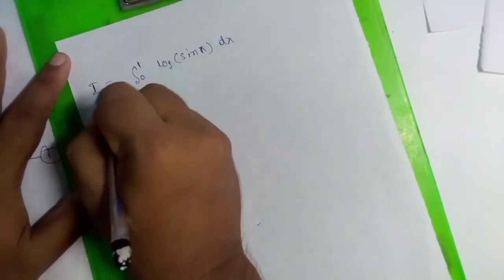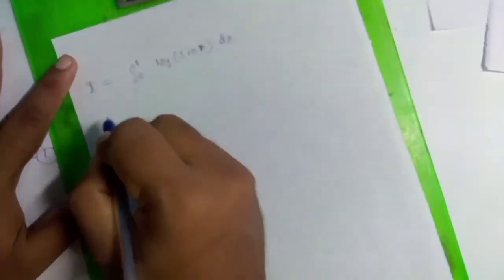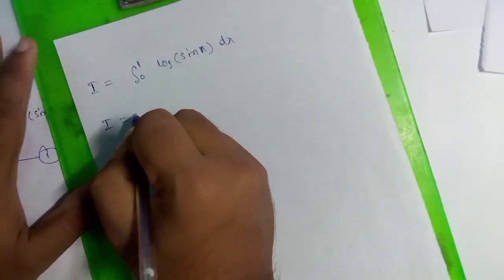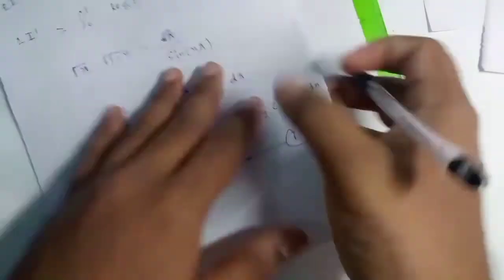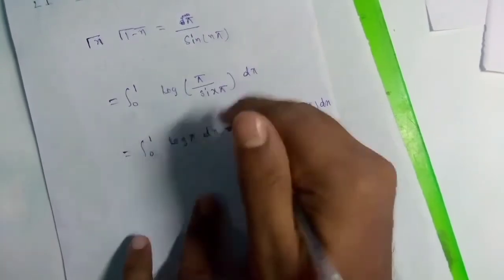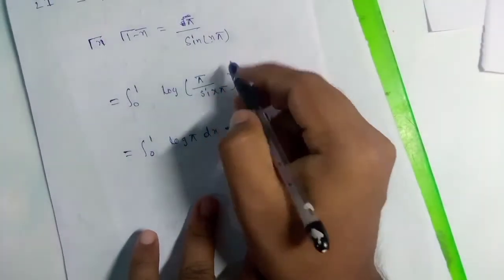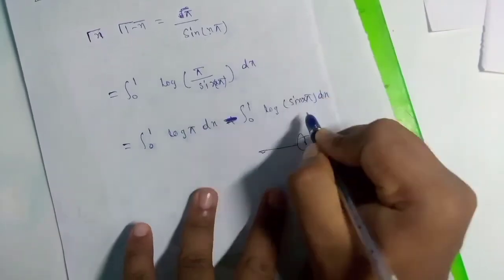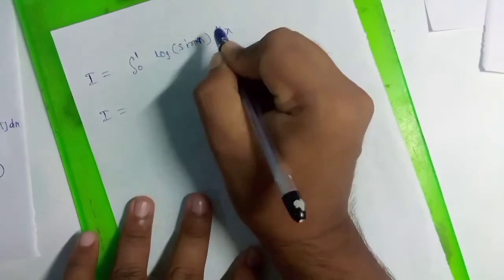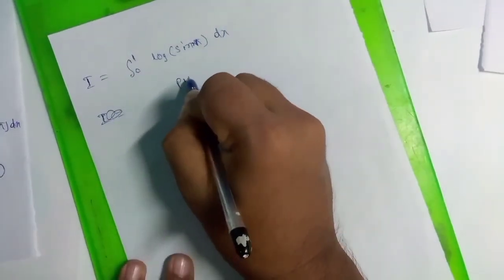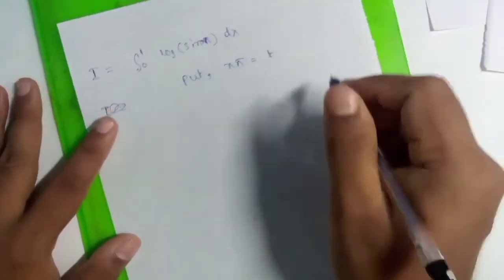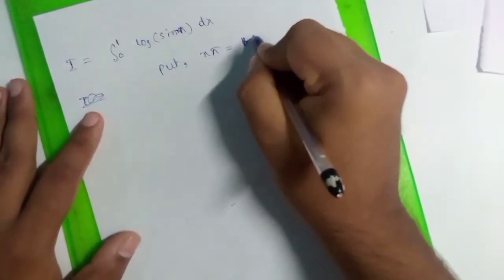We let I be equal to this integral, with sin x pi inside the log. So we put x pi is equal to z.